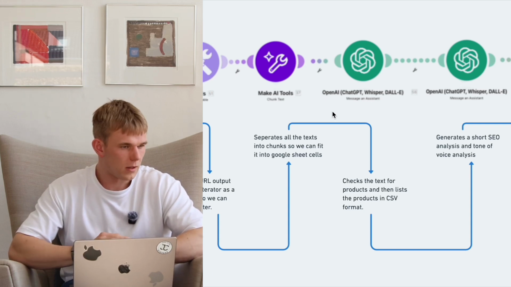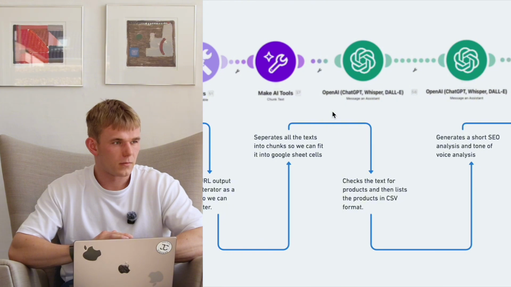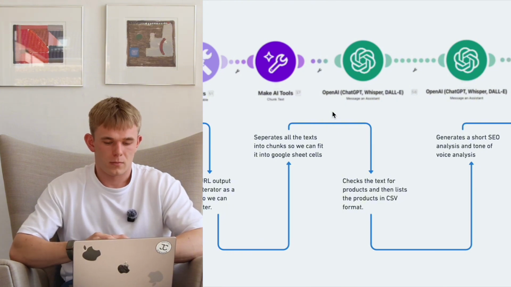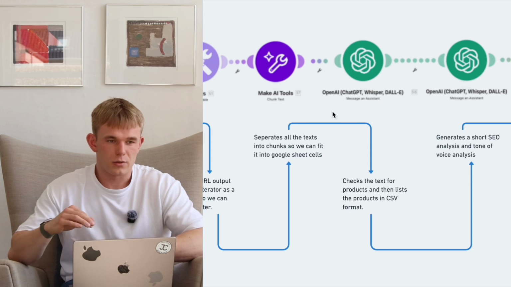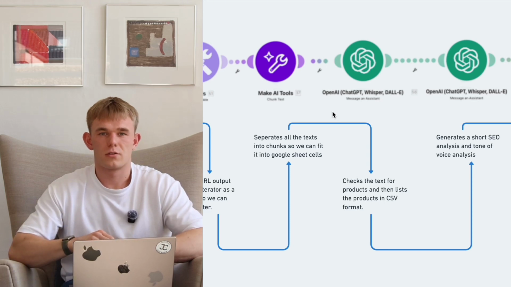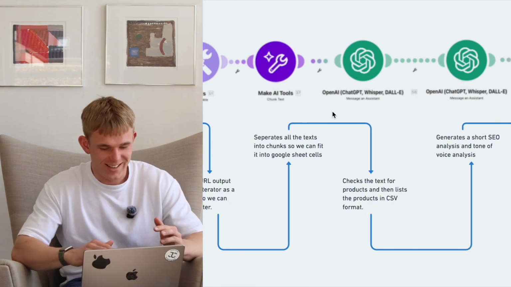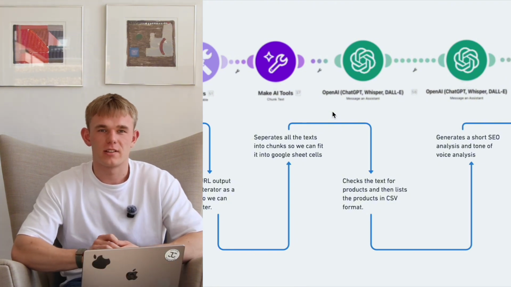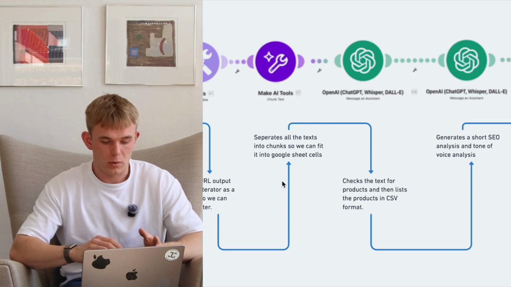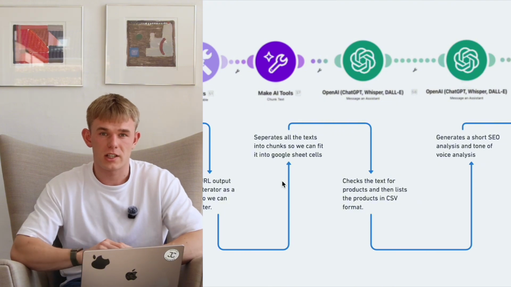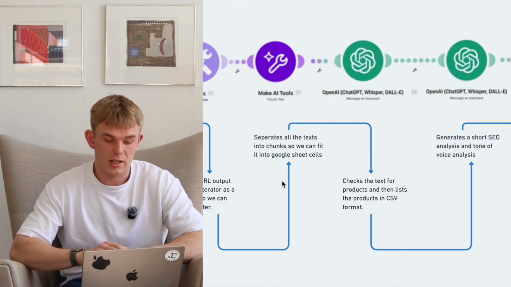It just sends the input from this module as a user prompt to the assistant, or as a message. So we separate the text into chunks so we can fit it into Google Sheets cells, and then we send the output as these chunks of text into the OpenAI module, which is message and assistant.